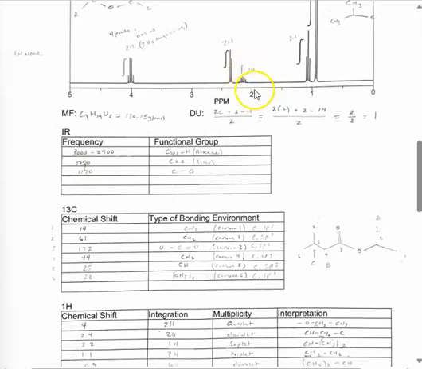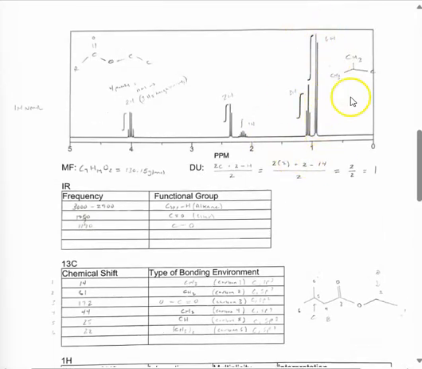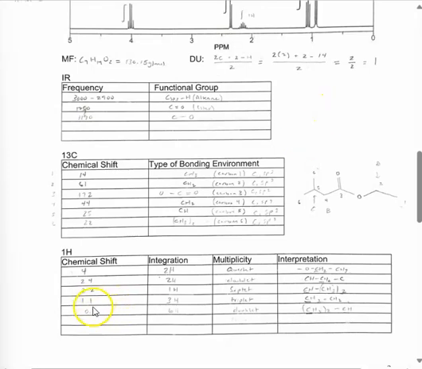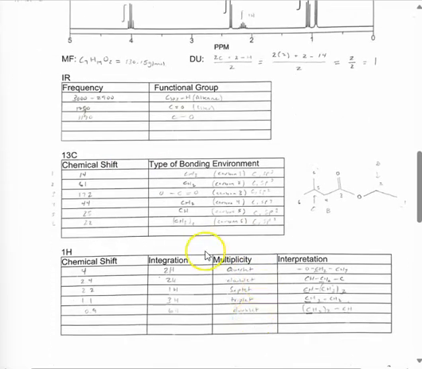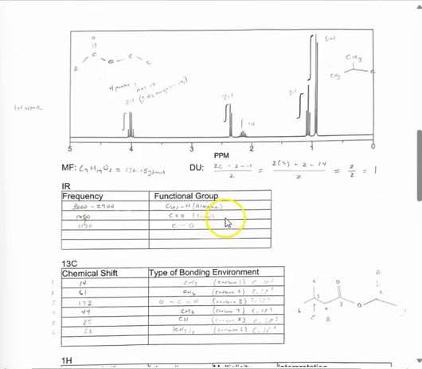The one following that, to the right, will be at the 2.2, which is a septet. And then these last 2 over here to the right will be at the 1.1, which is a triplet, and a 0.9. As mentioned, the first spike that we'll see is at the 4 parts per million, and there are about 4 spikes. This has a 2H integration, which is the amount of hydrogens that are connected to the carbon. We can see it further downfield, which leads me to believe that it's closer to the oxygen.